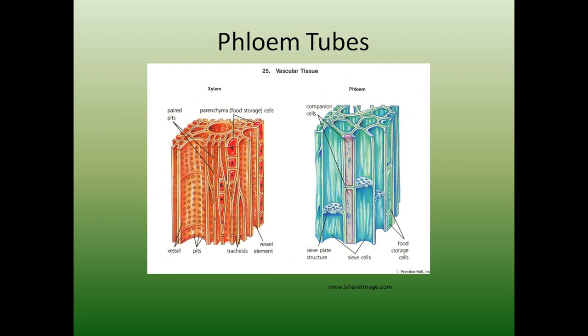Phloem tubes transport materials that were made or manufactured by the plant. Food materials like amino acids and sucrose. Remember that glucose is the carbohydrate made in photosynthesis. It cannot be stored as glucose because it is too soluble, and so it would affect the osmotic potential in the cells.